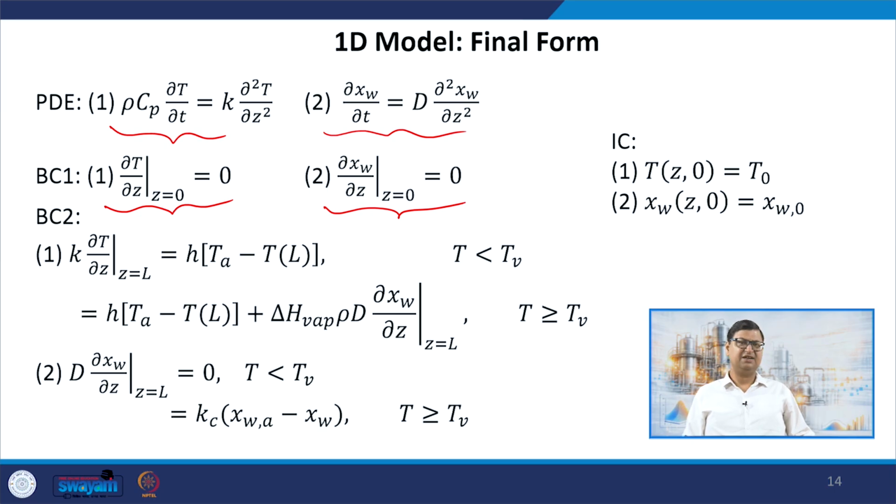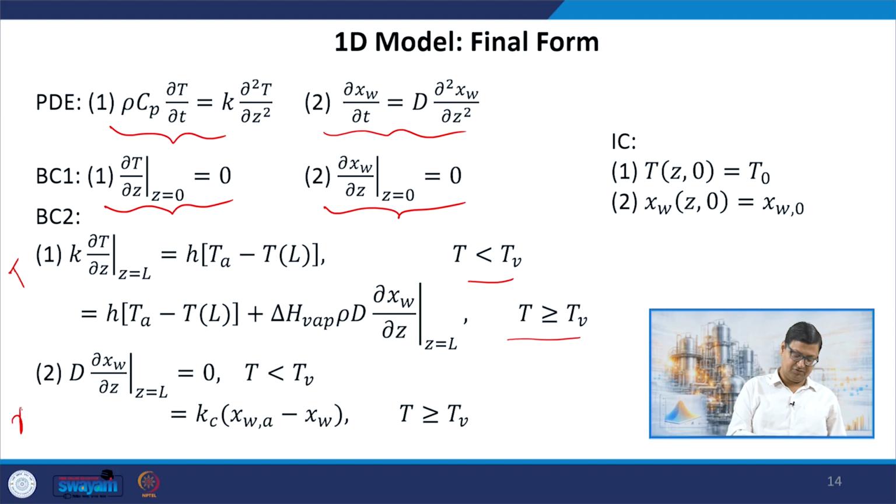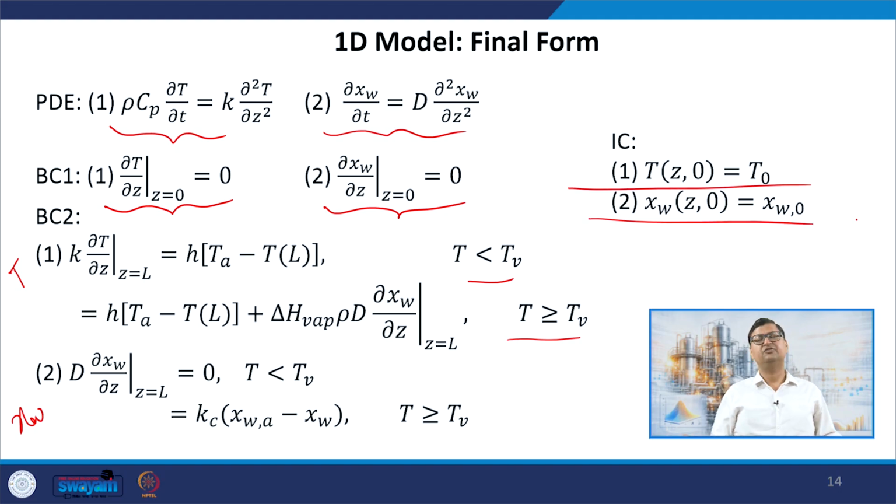And then the second boundary condition at the top surface is different for T less than Tv and T higher than or equal to Tv, and we have one boundary condition for the temperature and another boundary condition for the moisture content, and we do have initial conditions for both the equations, right.